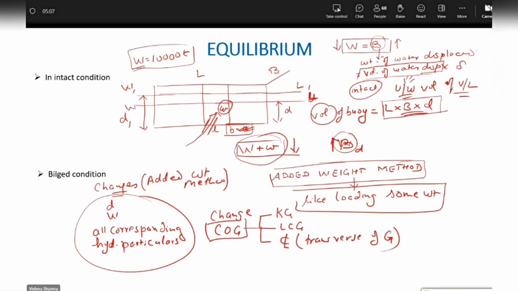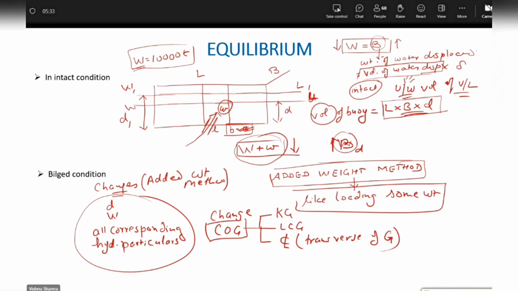Anybody has any doubts on it? If you have understood this, then you have understood one method of handling damage stability, bilging. That is the added weight method. If you have any questions on the added weight method, let me know. Is this well understood, guys?